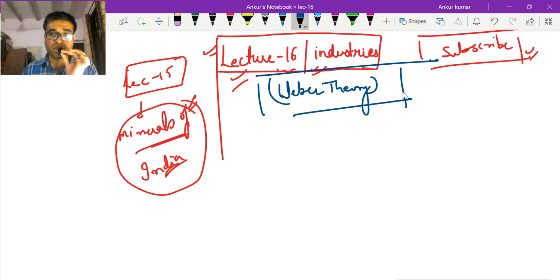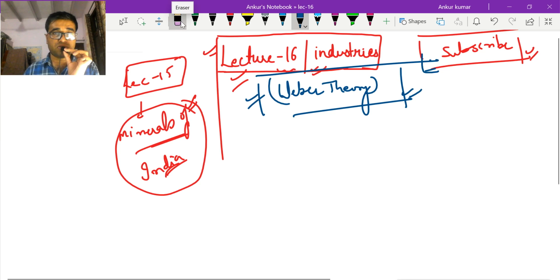We will look first at the Weber theory, and then we will discuss the location of whether it is iron based industry or the aluminium bauxite or the sugarcane or jute. So all those industries we will discuss on the basis of the Weber theory, right? Locational aspects are very important, so let us start with that first.